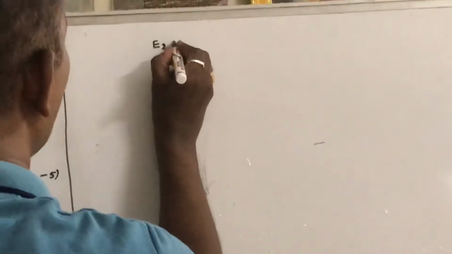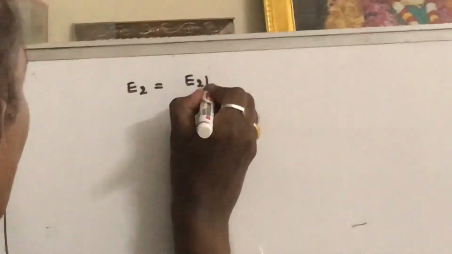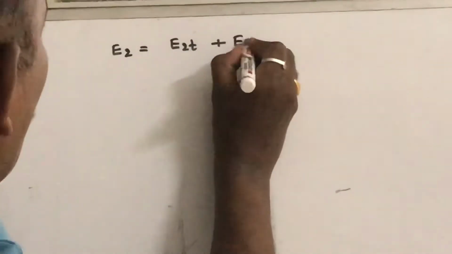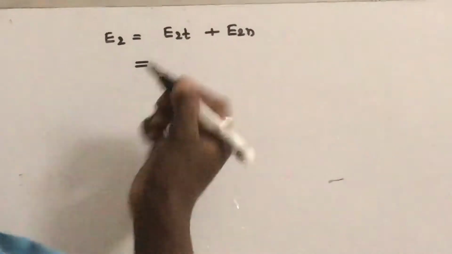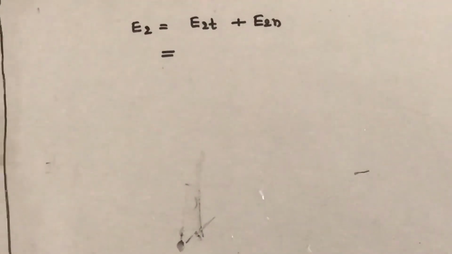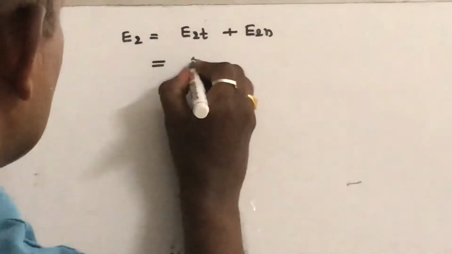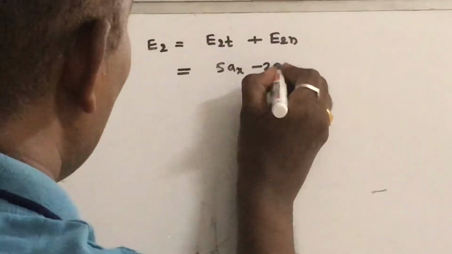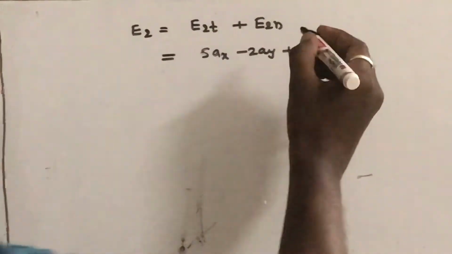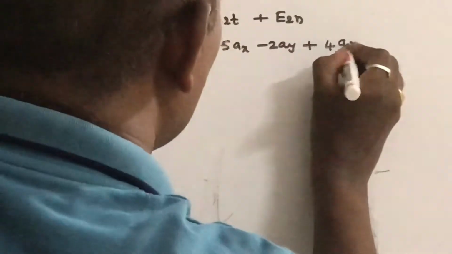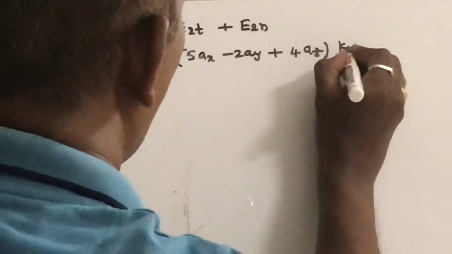So E2 is straightforward. What is E2? E2 is equal to E2t plus E2n. If you add the tangential component and the normal component, you find E2. What is E2t? 5ax minus 2ay, plus what is E2n? 4az. So the answer is in kilovolt per meter.